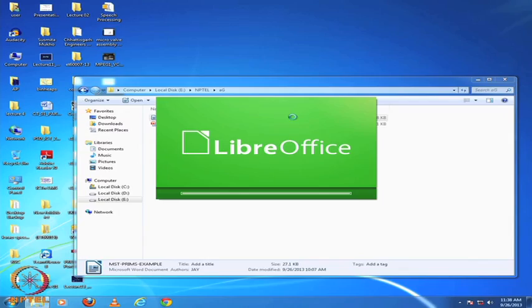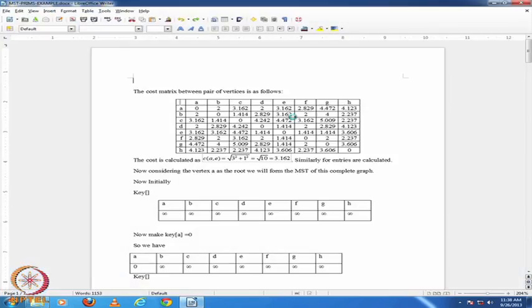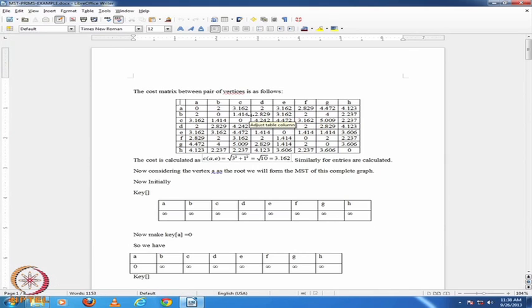Let us just find out the minimum spanning tree first. Just 1 minute, this is loading. If you see, it is of course not fully visible.